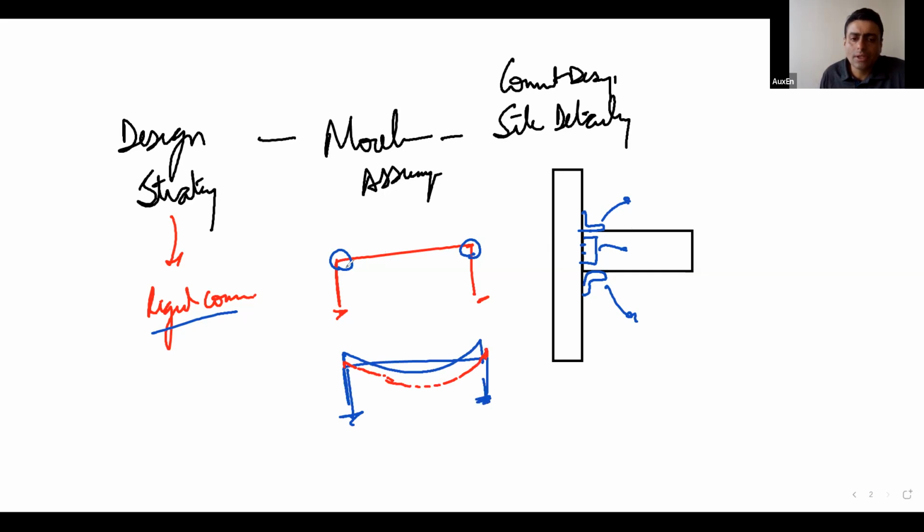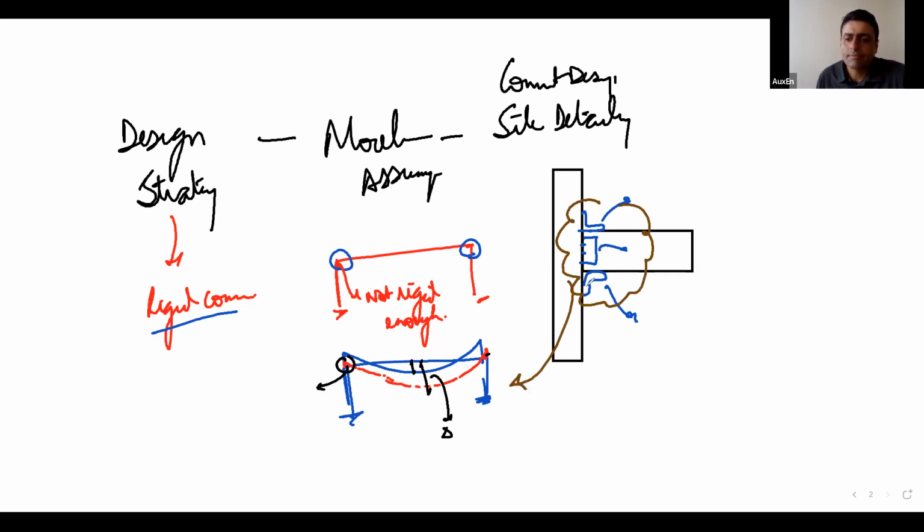If this connection turns out to be not rigid enough, the hogging moment that you had expected at the ends will decrease and the sagging moments at the midspan will increase. So in turn, it will lead to a larger deflection than you had anticipated. And why is this happening? Because of a connection that was not designed according to the strategy.